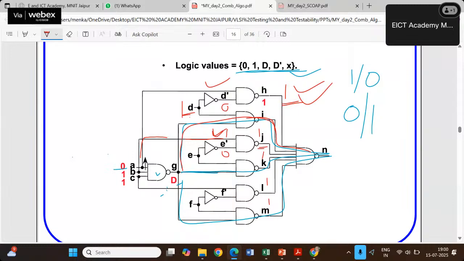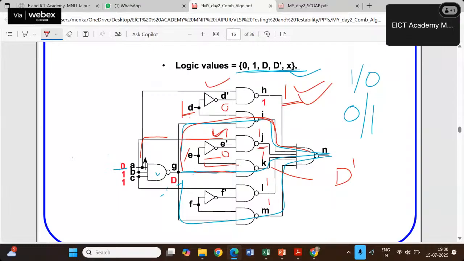So if I am going to make it 0, what is the backward implication? E is equal to 1. This E is equal to 1, along with the D, what is it going to make? D dash. It is not going to make it 1, but instead it is going to make it D dash.